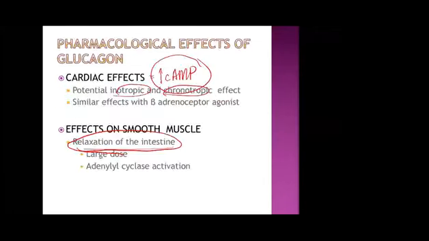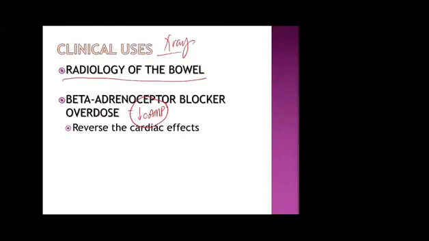Does it enhance cAMP levels? Yes, it increases cAMP levels, so there is a positive inotropic and chronotropic effect. That is the reason why glucagon is used as an antidote for beta blocker poisoning.